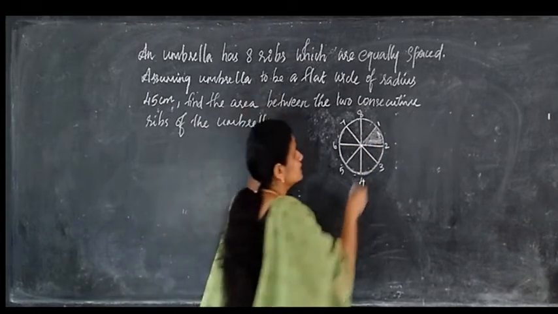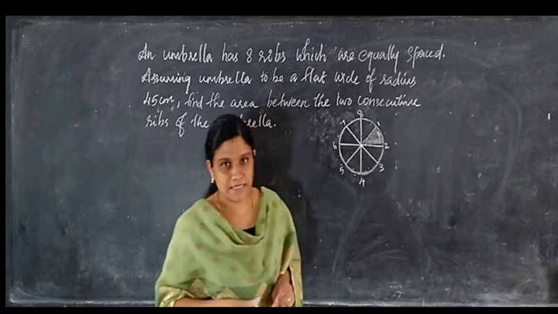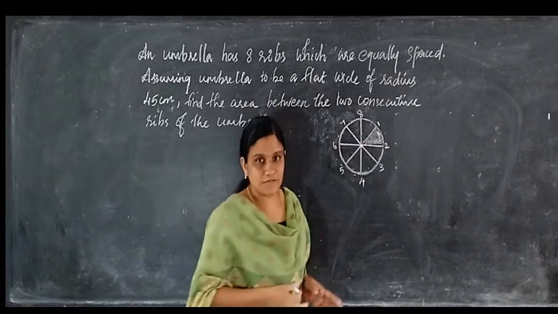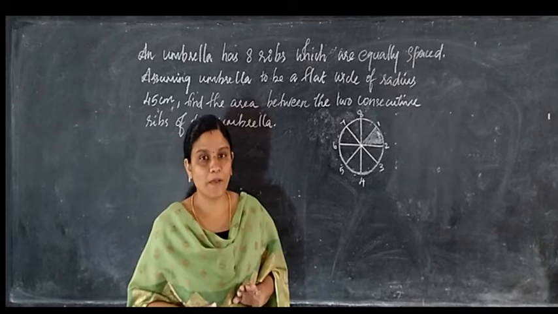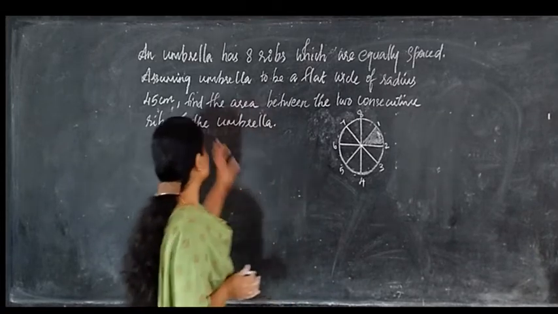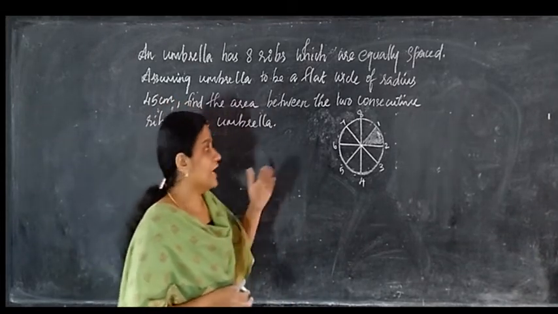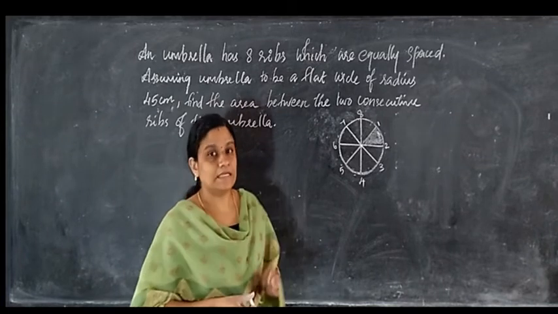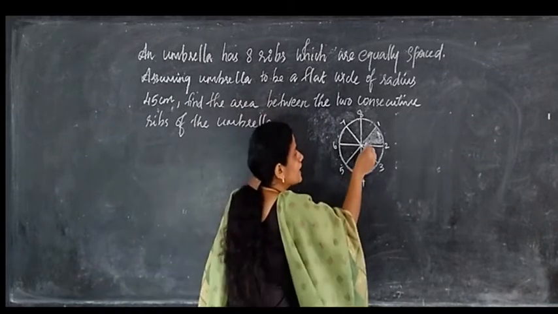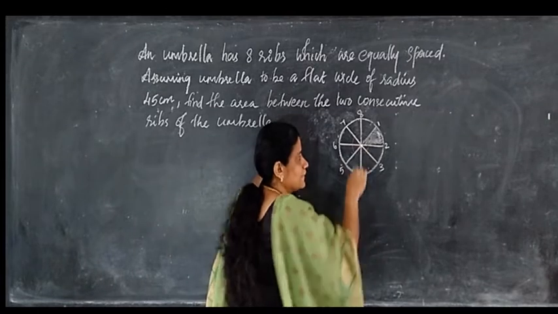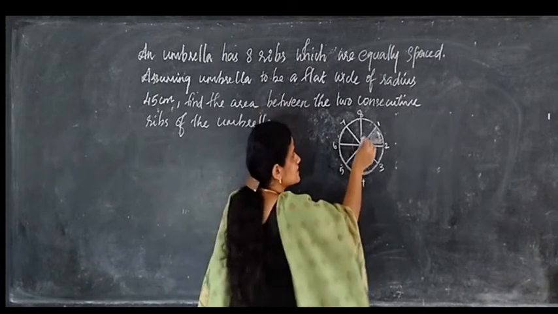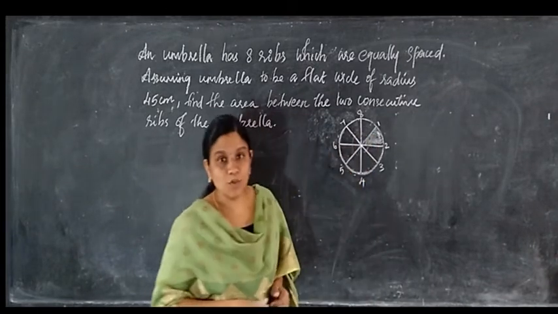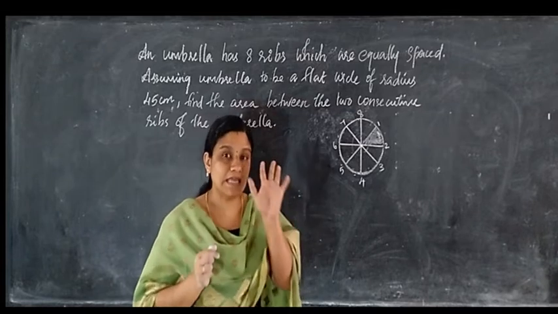So this makes a sector here. You know to find the area of the sector, theta by 360 into 2 pi r. Here the radius is 45 centimeter. We have to know theta, that is the angle. The total angle is 360 degree, and this 360 degree is divided into 8 parts.